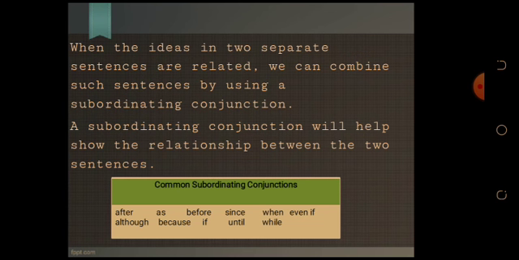The last but not the least is that when ideas in two separate sentences are related, we can combine such sentences by using a subordinating conjunction.